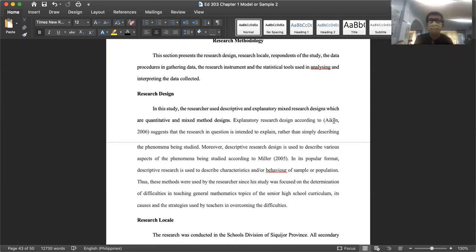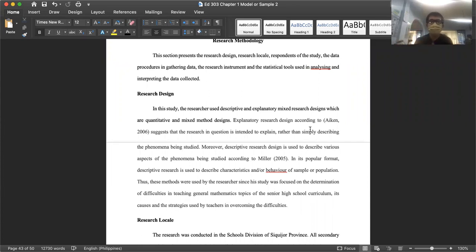Miller 2005, ICANN 2006. I want you to add another literature to back up why the descriptive method is being used and why the explanatory mixed research design is being used. According to ICANN, it suggests that the research in question is intended to explain rather than simply describing the phenomena being studied.